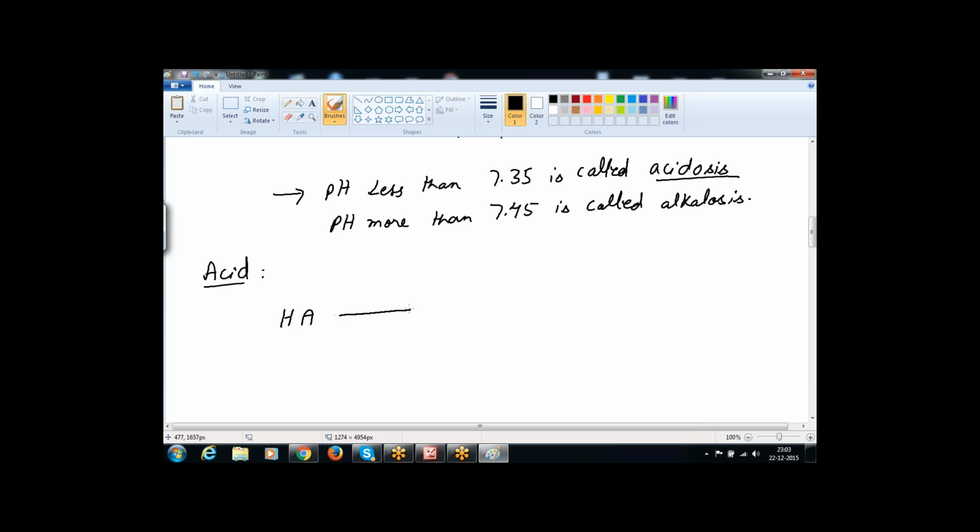Whenever an acid dissociates or breaks, it releases H positive plus A negative. So acid is anything that releases a proton. Proton means H positive. H positive ion or proton, that is the same thing. Hydrogen ion or proton.